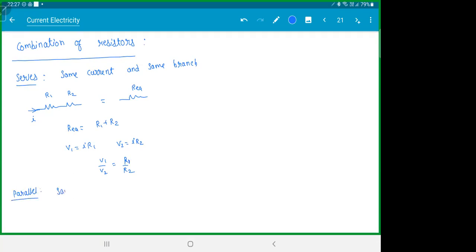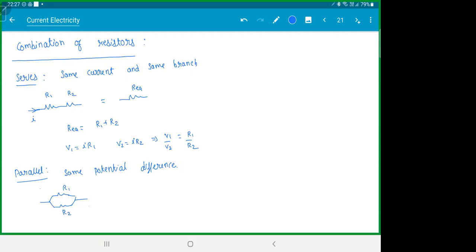Parallel, same potential difference. R1, R2, 1 by R equivalent is 1 by R1 plus 1 by R2.